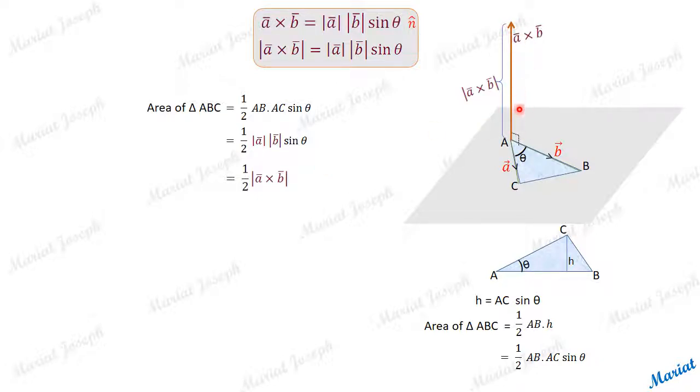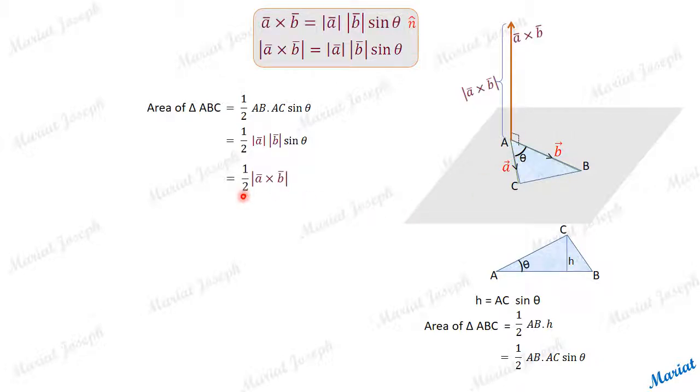One point you may notice here. A cross B is a vector, so it has a length. Say for example, this vector has 10 units length. That 10 is obtained by multiplying these three numbers. So a 10 unit long vector has magnitude 10.